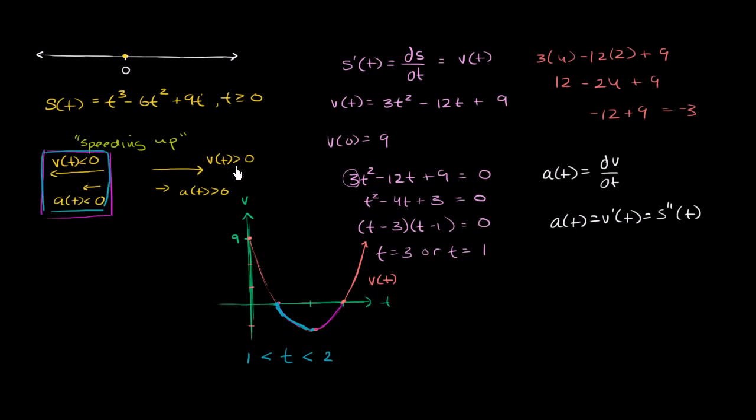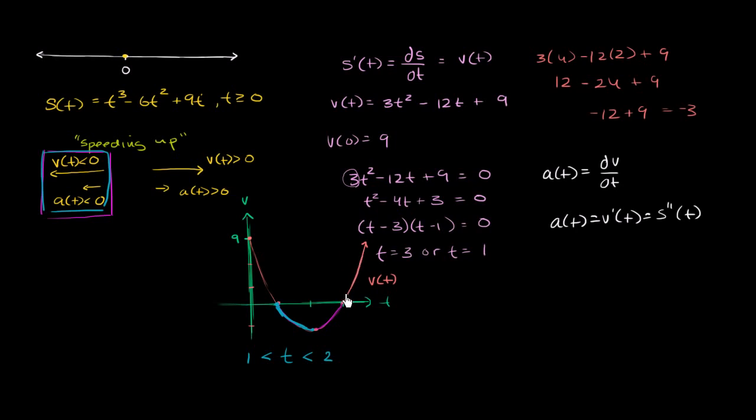Now let's think about where our velocity is greater than 0 and our acceleration is greater than 0. Well, our velocity is greater than 0 over here, but notice our acceleration, the slope here is negative. We're downward sloping, so that doesn't apply. Here, our velocity is greater than 0, and the slope of the velocity, the rate of change of velocity, the acceleration, is also greater than 0.